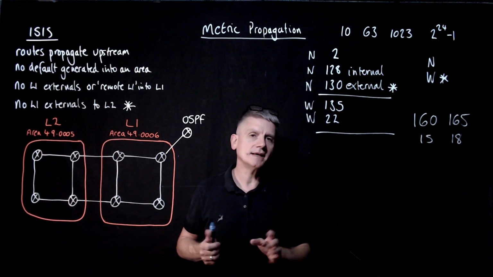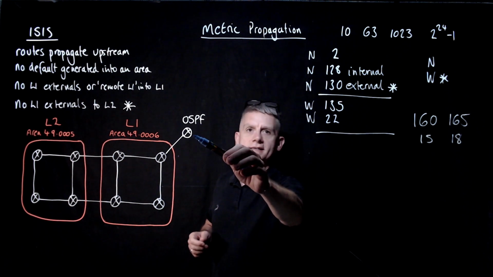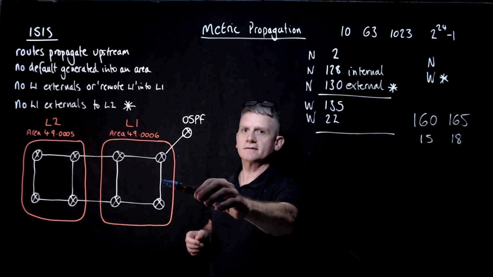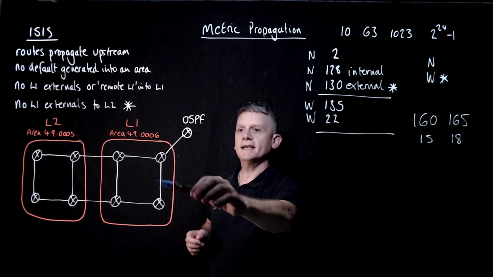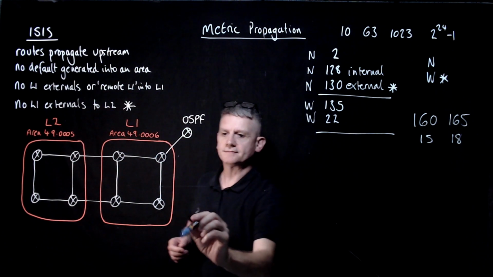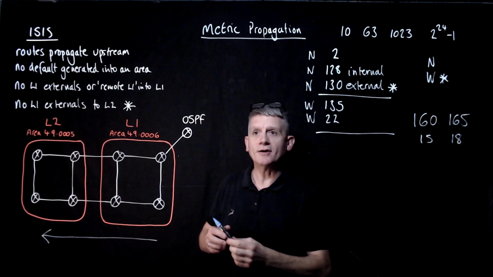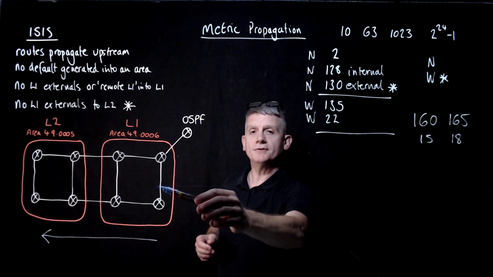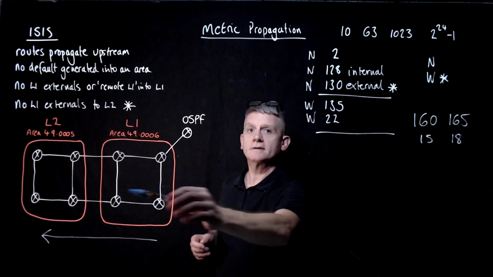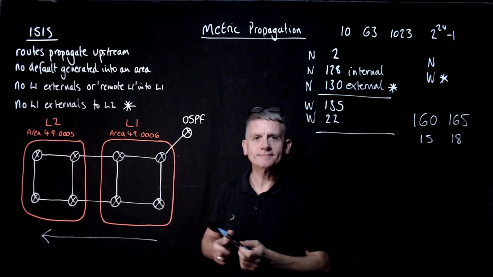And the second thing that's going to affect our propagation is the fact that now this external looks internal. And of course, internals are passed up to level 2. So now our externals do go from level 1 into the level 2. And this is a really big change.